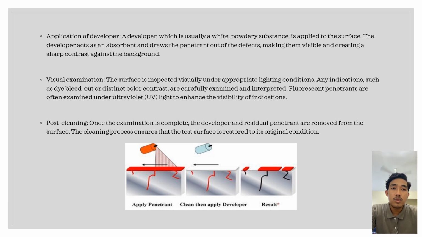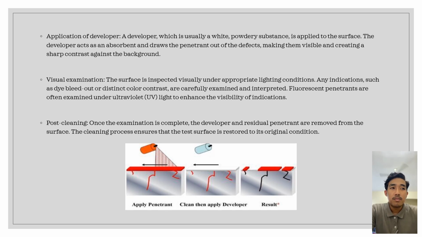And then is visual examination. The surface is inspected visually under appropriate lighting conditions. Any indications such as dye bleed-out or distinct color contrast are carefully examined and interpreted.